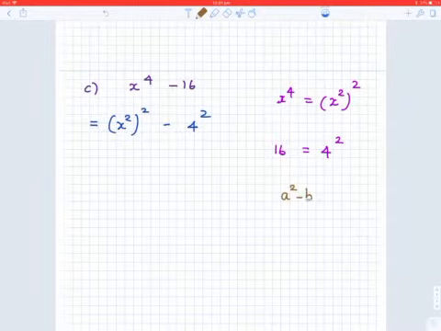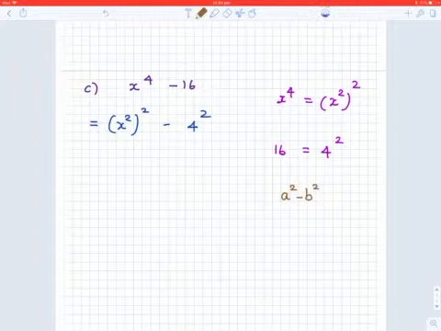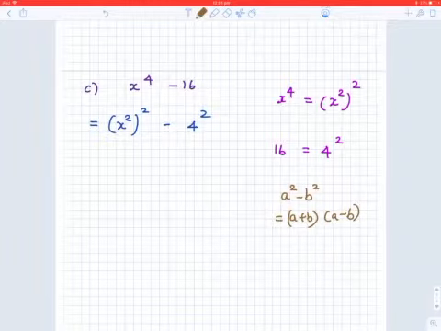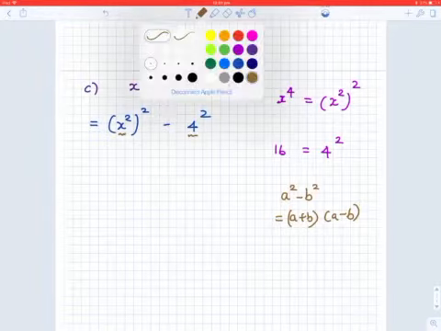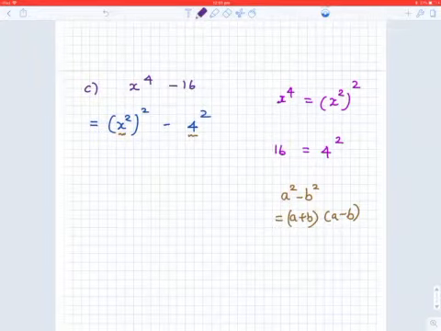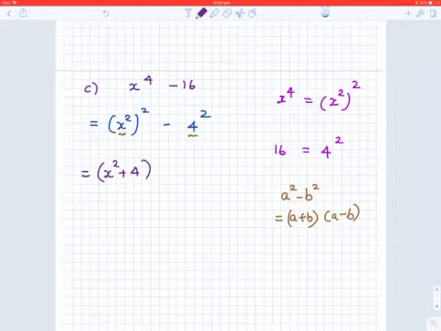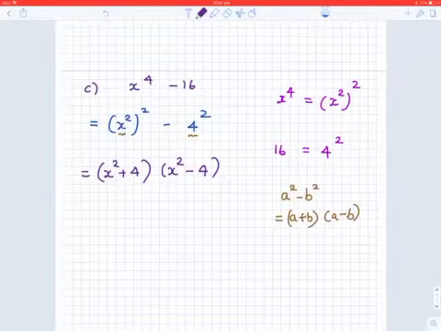Now we have seen earlier a square minus b square equals a plus b times a minus b. So now this is of the form a square minus b square, where a is x square and b is 4. So therefore this can be factorized as x square plus 4 bracket x square minus 4.